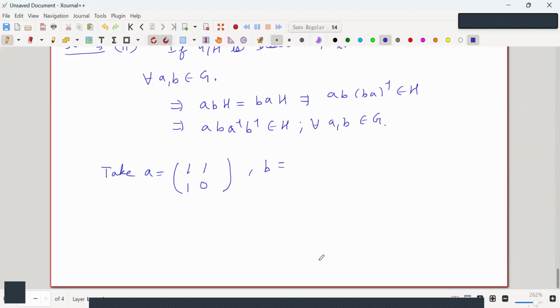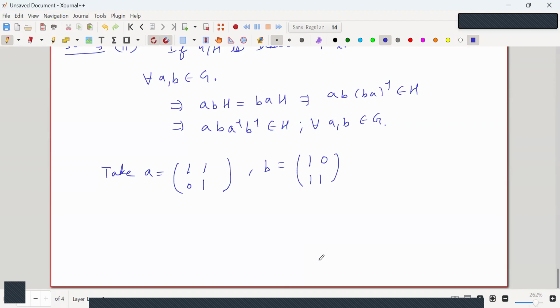For A, I had just switched the bottom two elements, so 1, 0, 1, 1, and then I took A transpose for B. So A transpose is 1, 1, 0, 1, right?